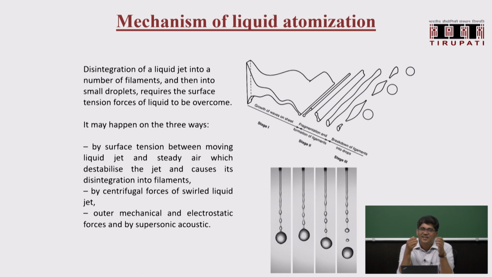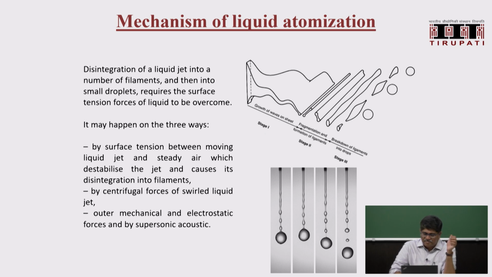The relative velocity between the air and the liquid goes up, so these aerodynamic forces cause disturbances. They keep growing and break the sheet, or here a jet, into big drops.